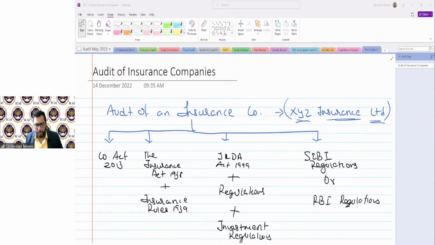You need to understand the concept over here, like what is the scope first of all that you are going to check when there is an audit? SEBI regulations or RBI regulations? Yes, SEBI regulations and RBI regulations will be applicable.